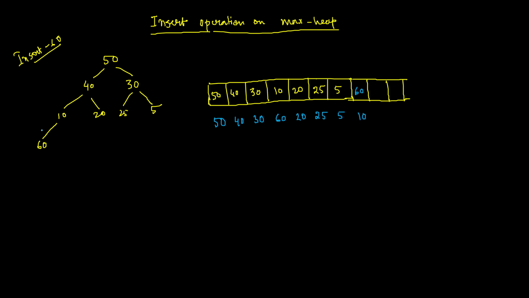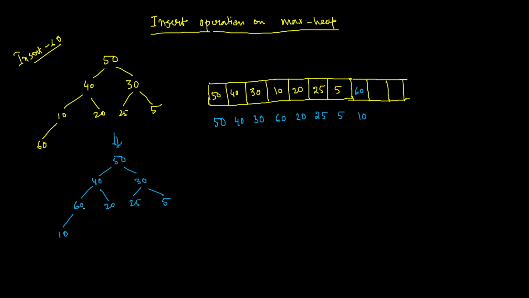So the newly formed tree will be 50, 40, 30, 25, 5, here it is 60, here it is 20, and then 10.